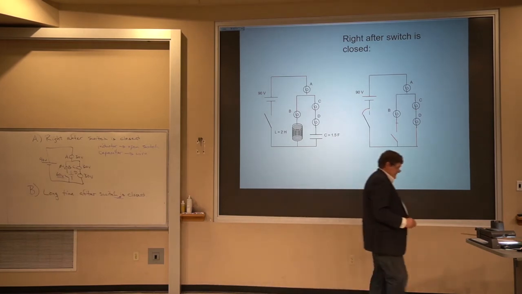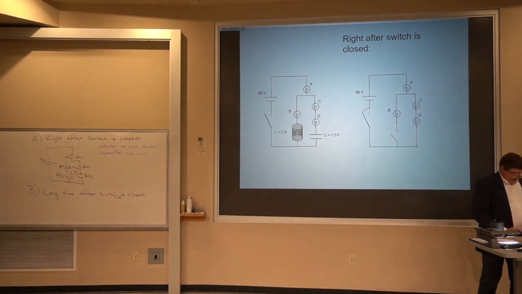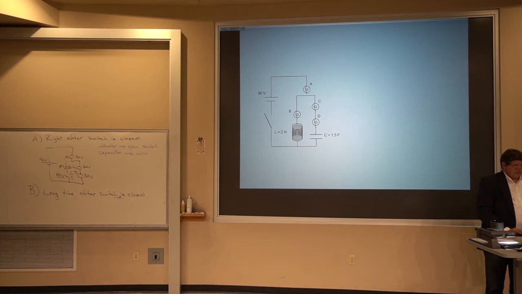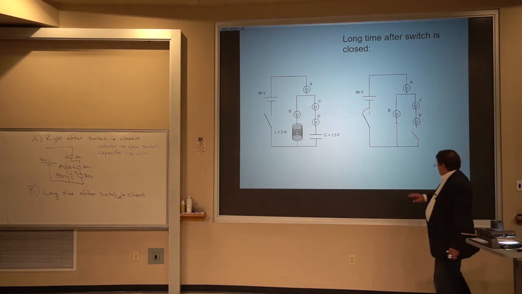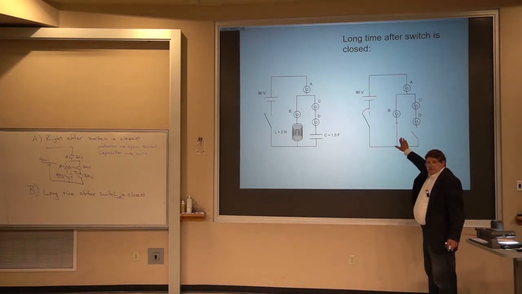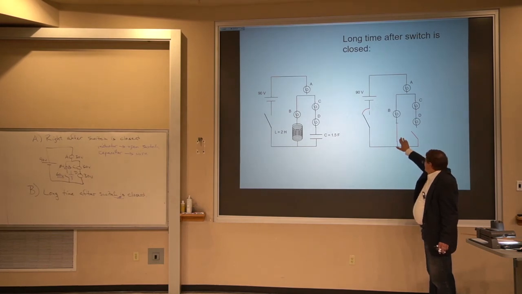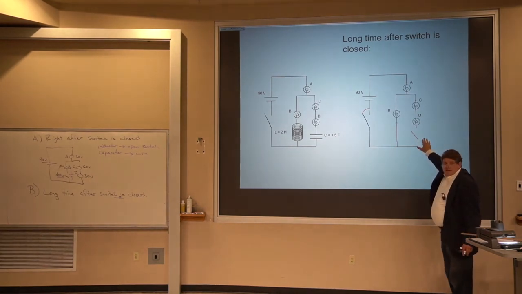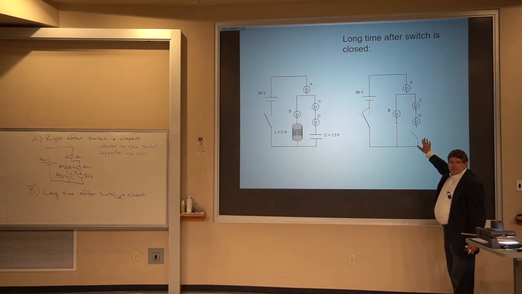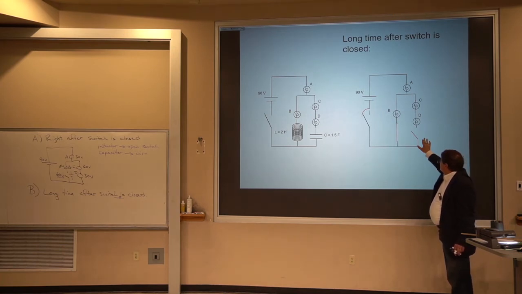Now, let's look at part B. A long time after the switch is closed, now the inductor has stopped fighting, and it's acting like a wire. The capacitor, on the other hand, is full, and so it's acting like an open switch. It's blocking any more flow through the capacitor.